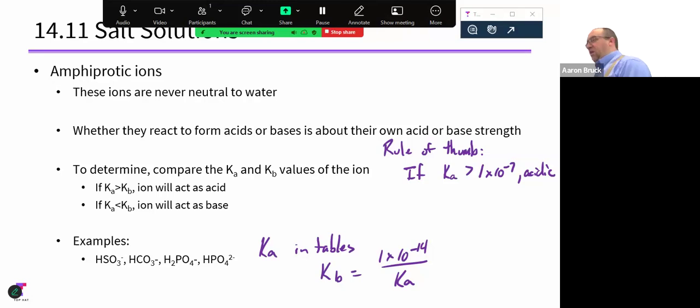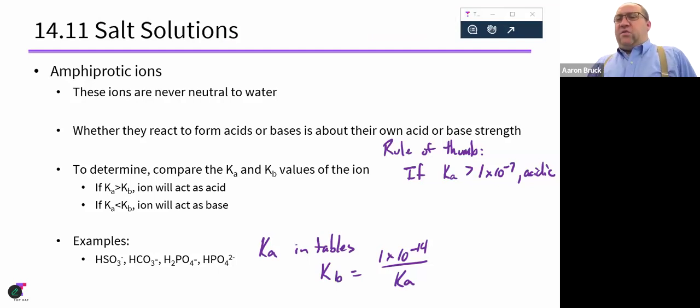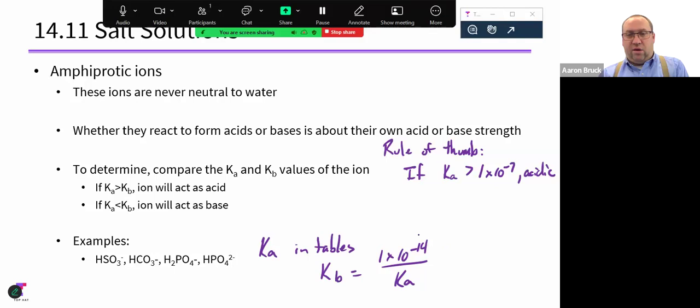A general rule of thumb that we can use because of this equation, if the Ka for the ion is greater than 1 times 10 to the negative 7th, we can assume that it's going to be acidic. If Ka is less than that, then we know it's going to be basic. And that's just a simple application of understanding this bottom equation here. Now, if we have to actually calculate it, we'll have to use the equation. But generally speaking, we can use a rule of thumb there.